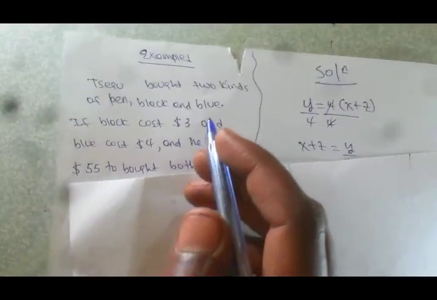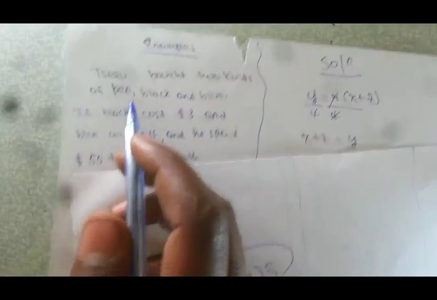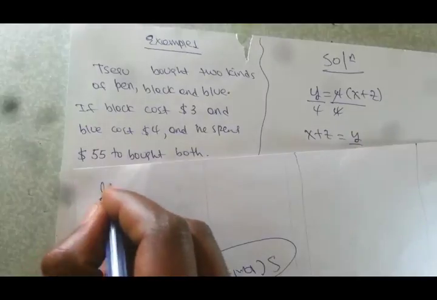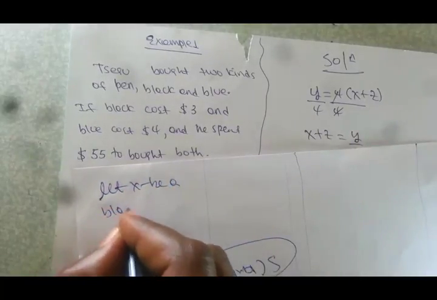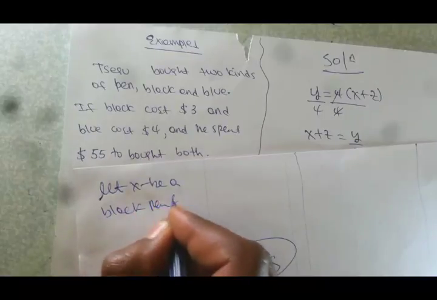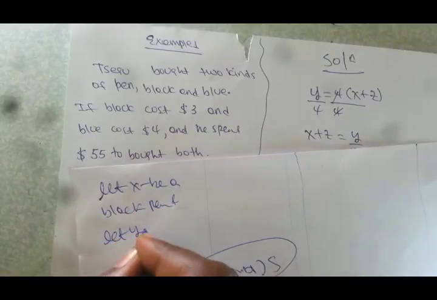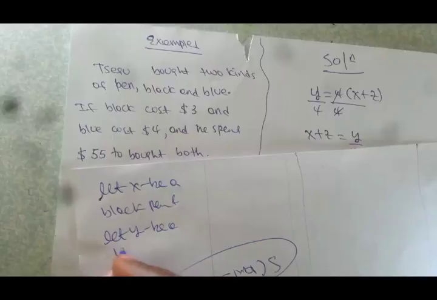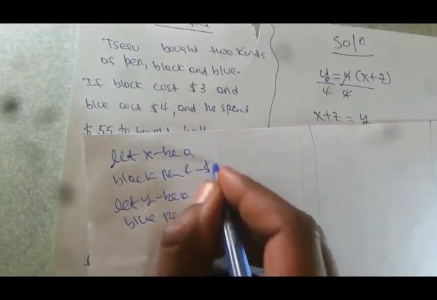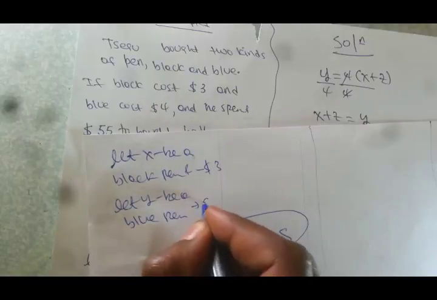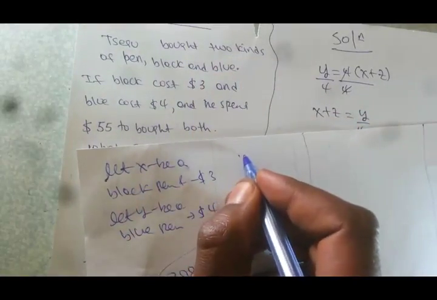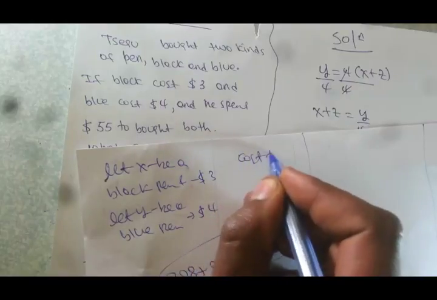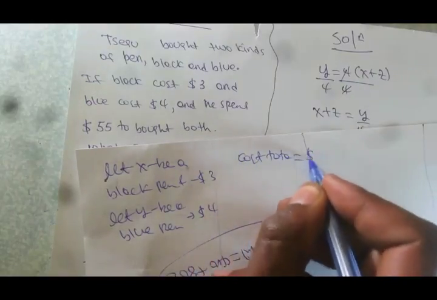And example 1 is given. Tsagu bought two kinds of pens, black and blue. Let X be the number of black pens and let Y be the number of blue pens. A black pen costs $3 and a blue pen costs $4, and we are given a total cost of $55.